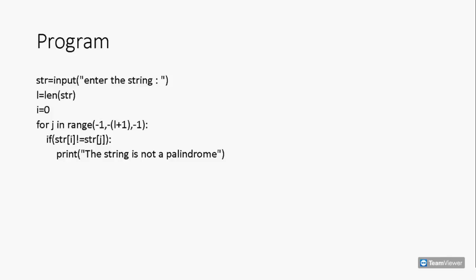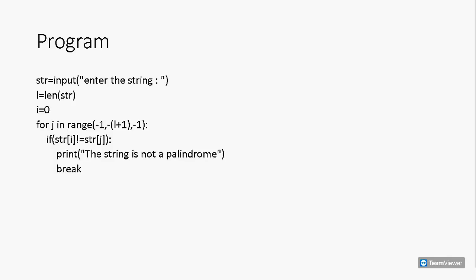Now that we know that our string is not a palindrome, there is no point in checking for values residing at other indexes. Therefore, we would want to exit the loop, for which we will use the break statement inside this if. And this justifies our placement of the break statement, as you can see. For a detailed video on break statement, follow the link given in the description box.